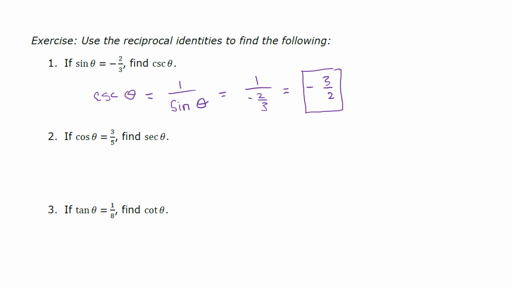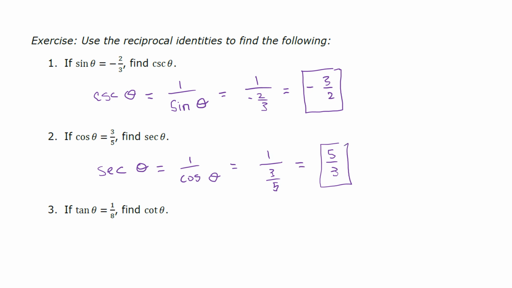Number 2, if cosine theta equals 3 over 5, find secant theta. Well, we know, according to the reciprocal identities, that secant theta equals 1 over cosine theta. If cosine theta equals 3/5, then secant theta equals 5 over 3.